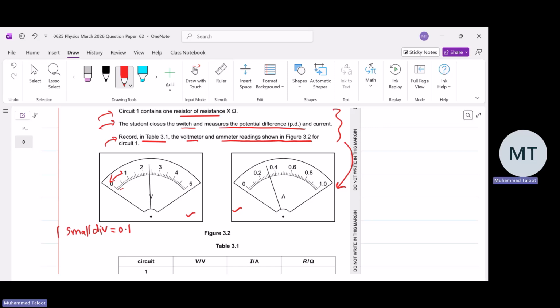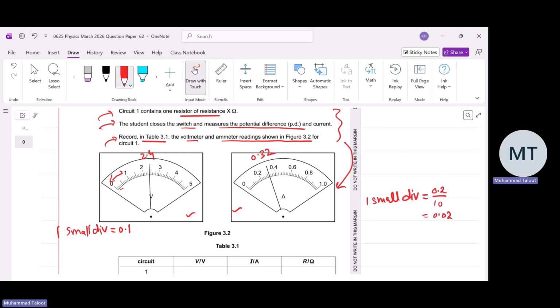And on this side, one small division is, let me tell you how to find it, the gap is 0.2 and the number of divisions is 10, so this will be 0.02. Anyhow, we have to record the value. So it is coming out 2.4, and this one is 0.26. Is it so? No, I'm wrong. It is 0.32.